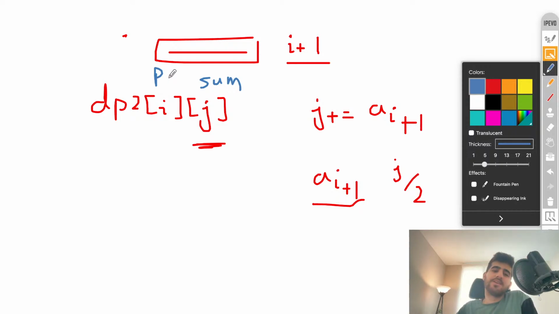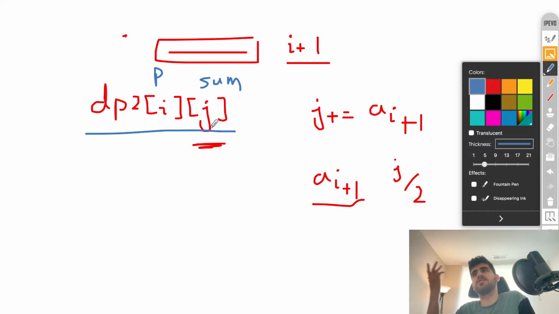So I said that in dp2, for example, I store how many ways I have for the first i balls such that their sum is exactly equal to j. Afterward, I can see how many of them exist, and what happens to them when I add this i plus 1.